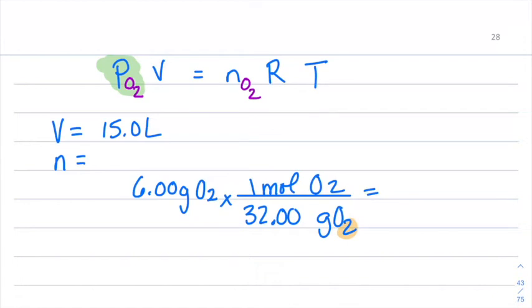All right, so let's go ahead and find those moles. It looks like 6 divided by 32. All right, so I am coming up with 0.1875. These are our moles of O2. Those of you calculating along, did you get something similar? Excellent.